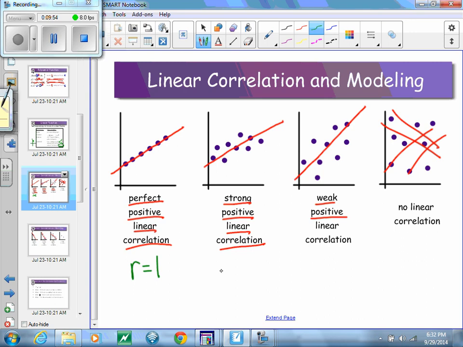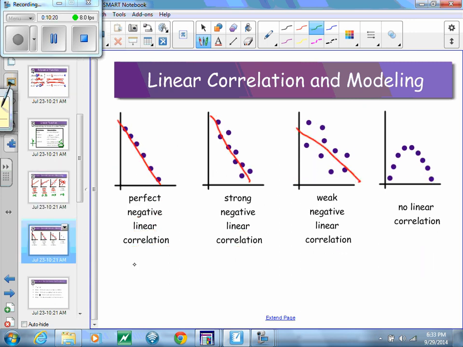As we move on, for the next one I might say that R is 0.92. It's still representing a strong positive linear correlation. As it gets weaker, I might say we have R is 0.81, something like that. It starts getting weaker. If I have no correlation, then we're looking at a correlation coefficient of 0.